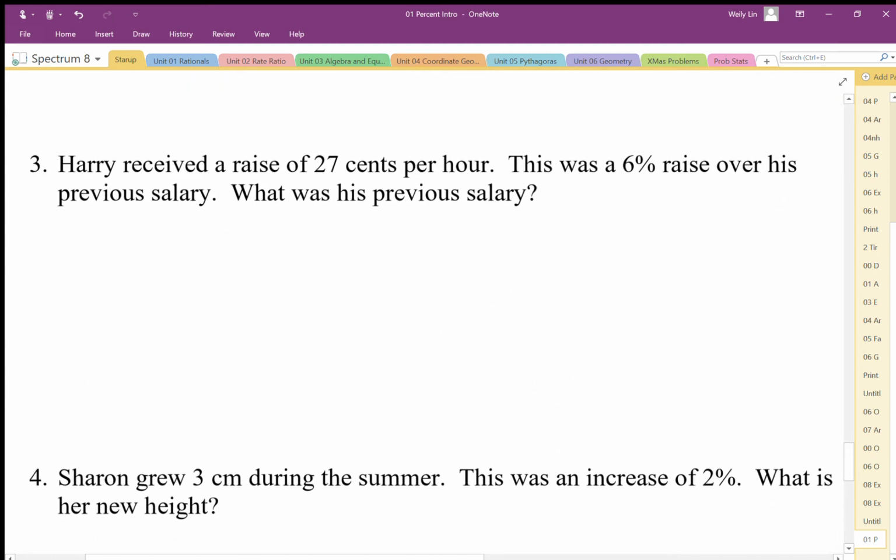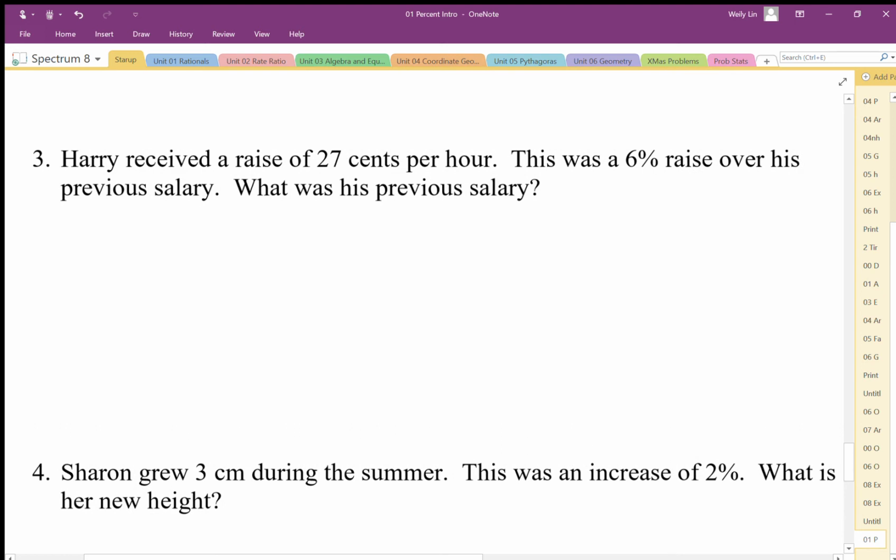So here, Harry receives a raise of 27 cents per hour. This is a 6% raise over his previous salary. What is his previous salary? Well, the 6% represents the raise compared to the total. This is the original salary.